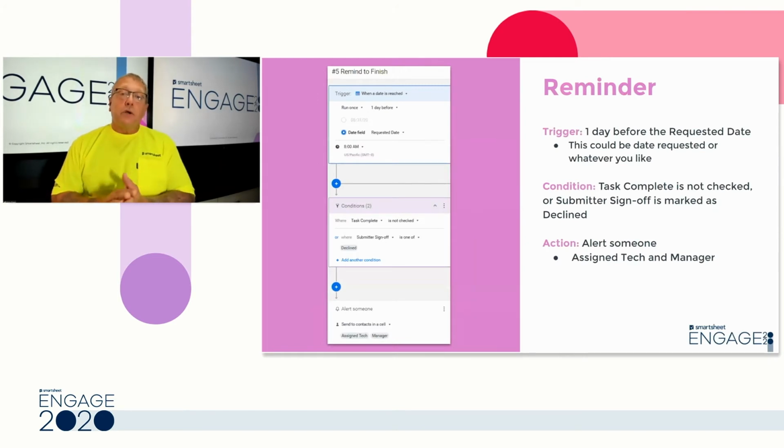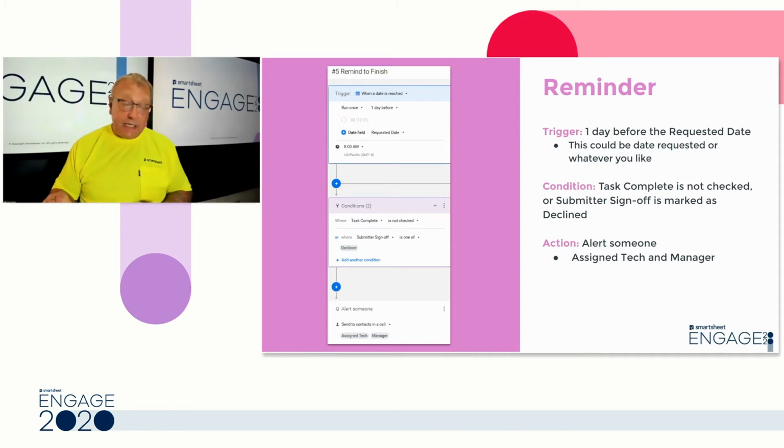A reminder is like an alert, except it's driven by a date. And what you'll notice is it says when a date is reached. Now, the interesting thing about when a date is reached: I want to remind this technician before the date is due, not at the date. But you can do that with this. If you see on that setup, triggered on a date, what's the date?